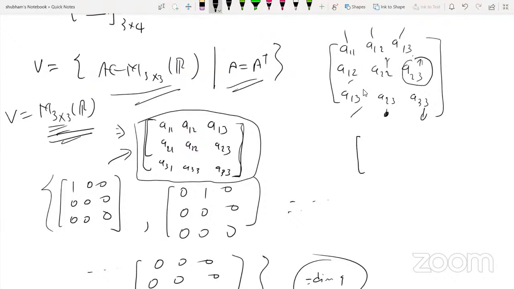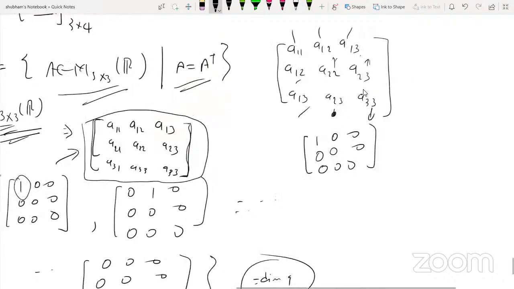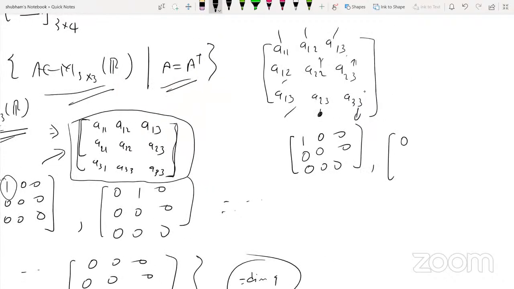If you want to write the linear combination with standard vectors, one always writes 1 0 0 0 with 1 here. The next vector will be 0 1 0, so you assume A12 is 1, so A12 will also come here, and the rest are 0.